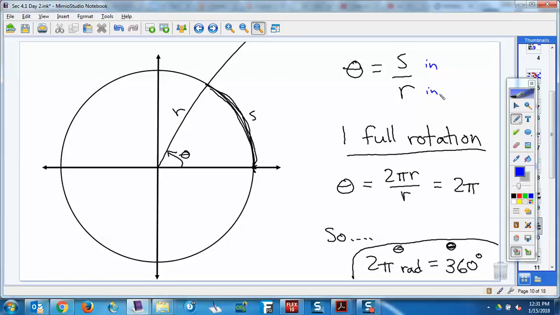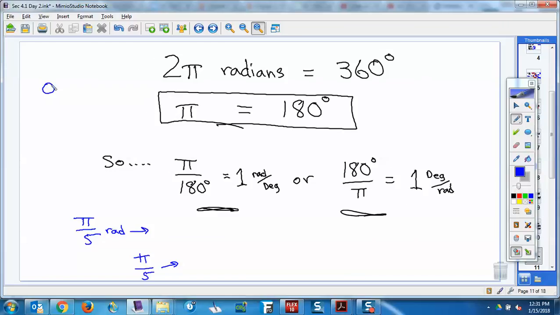Degrees will always put the degree symbol on. Okay? But radians is just a real number. So if we say, like here, theta equals 3.14, there is no unit to go on that. Now you could write radians, that's fine, but it's not really a unit like degrees is.